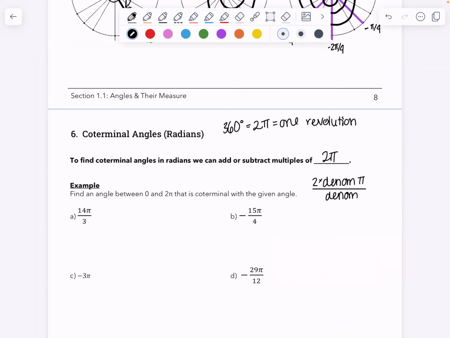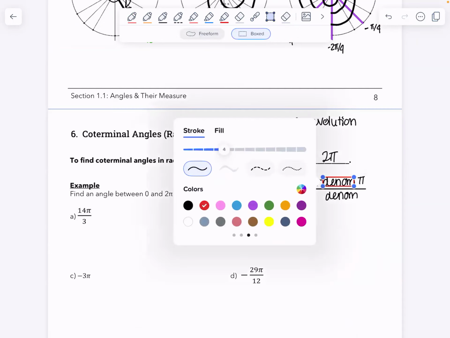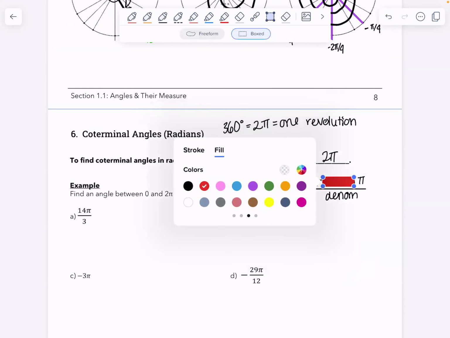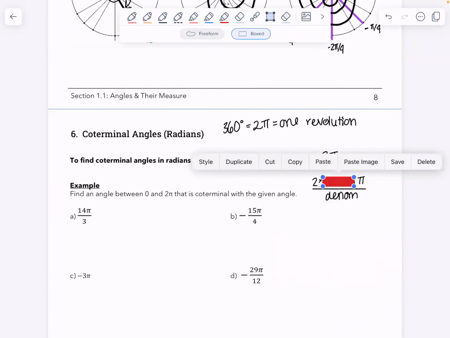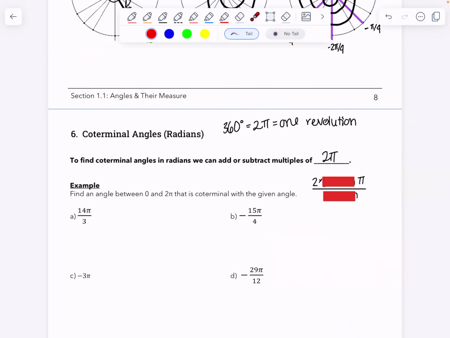Whatever you put in this box, you put the same thing in this box.